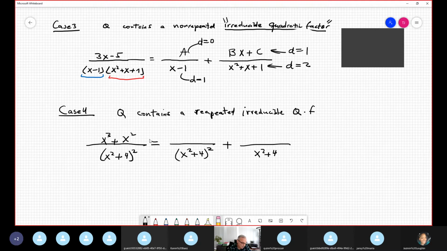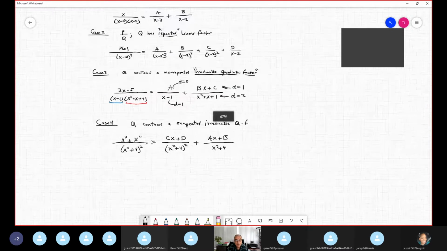So in both cases, we have quadratic. So you put Ax plus B and Cx plus D. These are the different cases for the partial fraction decomposition. Okay. Let's see an example. Any questions so far?